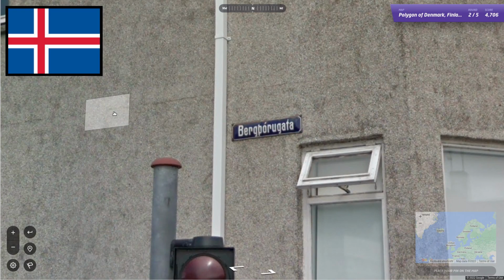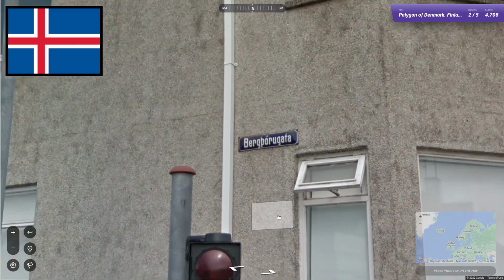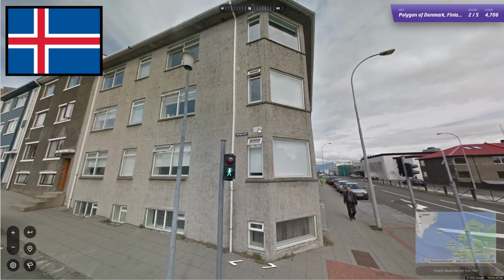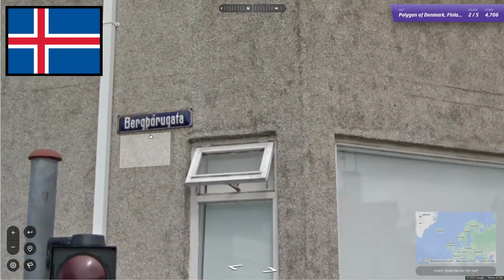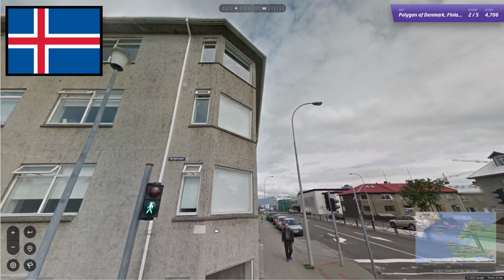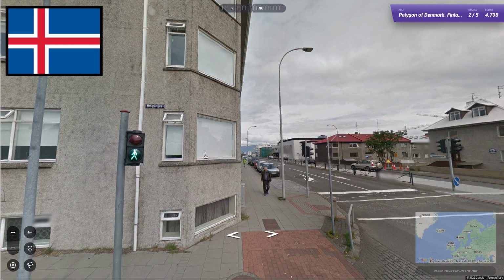This is an Icelandic street sign. It's blue. I don't know if there are blue ones outside of Reykjavik, but at least there they are. Bergþórugata. Gata is Icelandic. If there is N in the end, it's Swedish. But that special letter and acute O tell us that that's Icelandic.